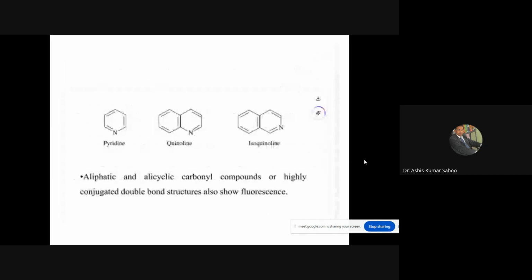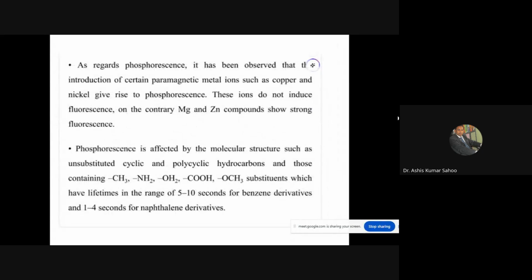So you can see these are the molecules: pyridine, quinoline, isoquinoline. Aromatic carbon compounds and heterocyclic compounds can be used as fluorescents. Regarding fluorescence, it has been observed that the introduction of certain paramagnetic metal ions such as copper and nickel does not induce fluorescence; on the contrary, magnesium and zinc compounds show strong fluorescence.